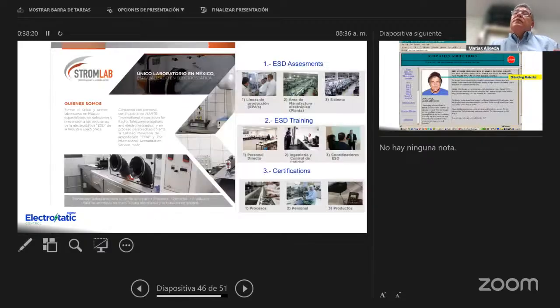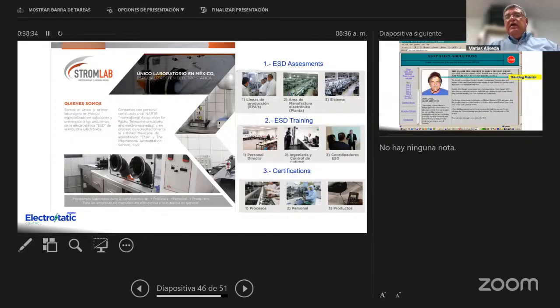Our laboratory here in Mexico is the first ESD-focused laboratory that does this. You're not only training, but also doing ESD assessment and certification.